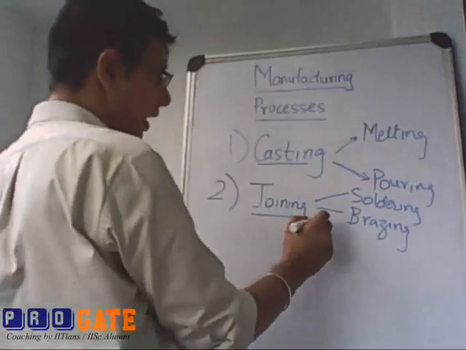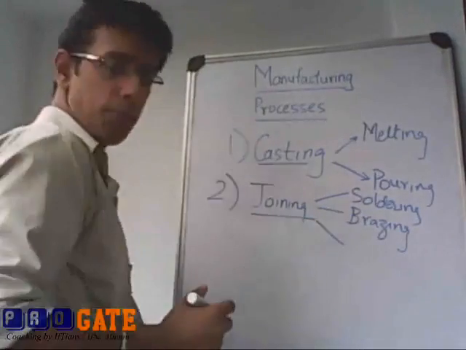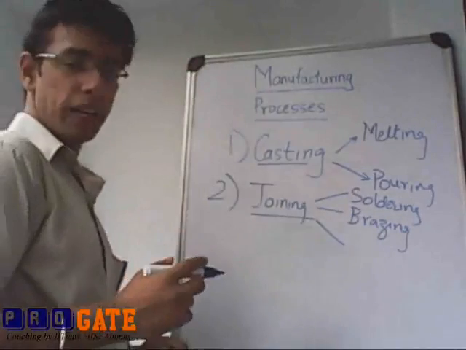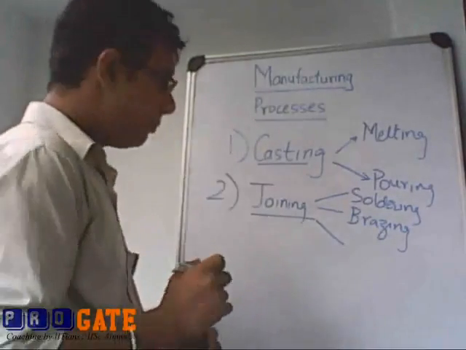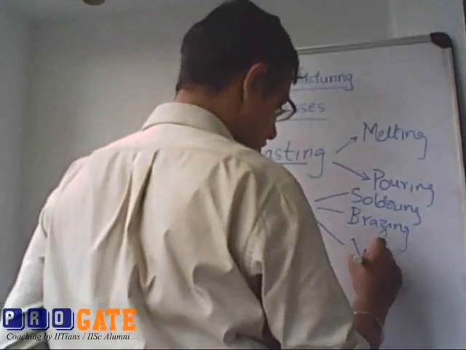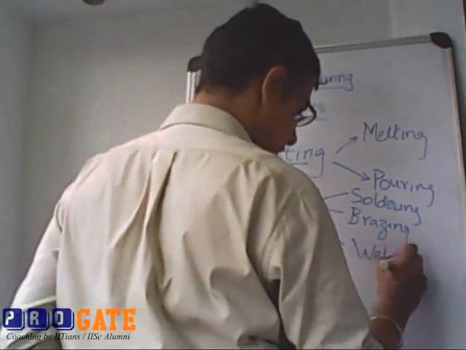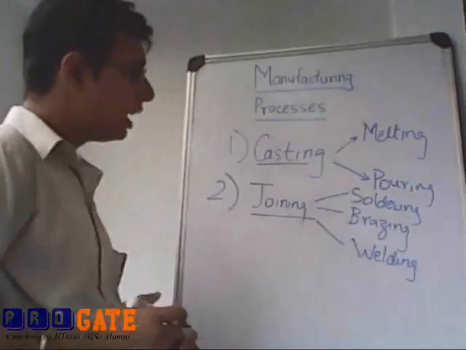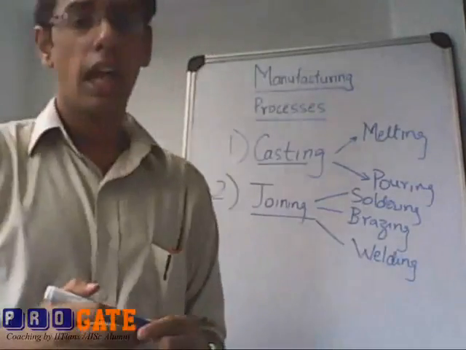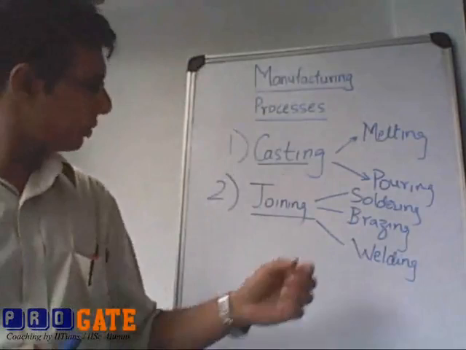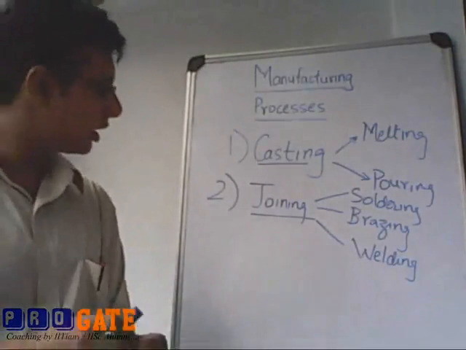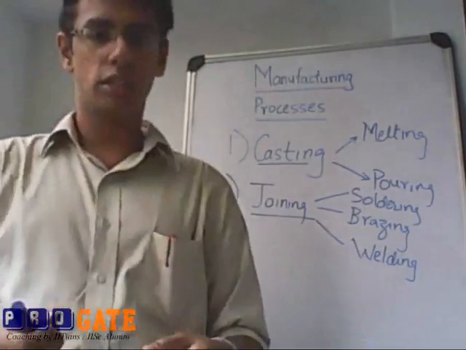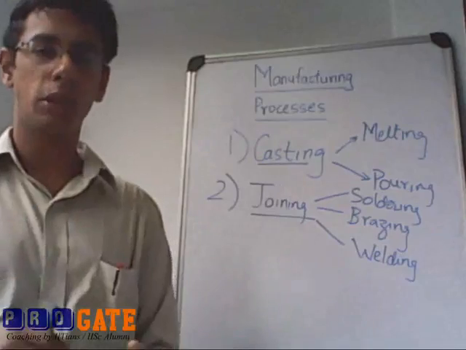Finally, we come to the third and probably the most important type of joining from the perspective of the GATE exam, which is welding. Welding, among the three, is the highest temperature process. In this process, what actually happens is that you have two materials, or you have a base material and a material to be welded.